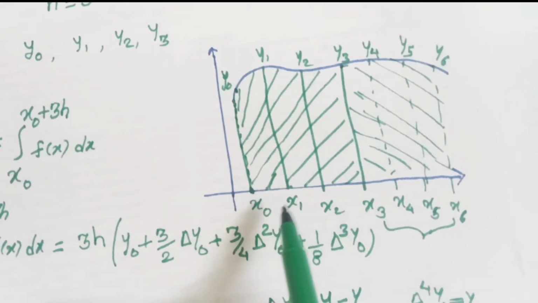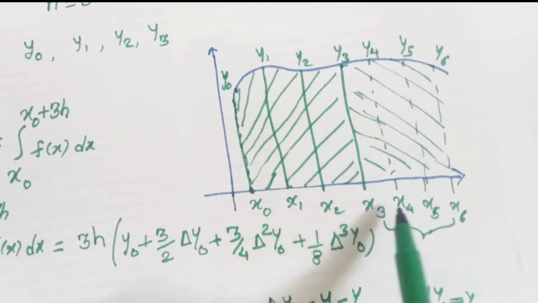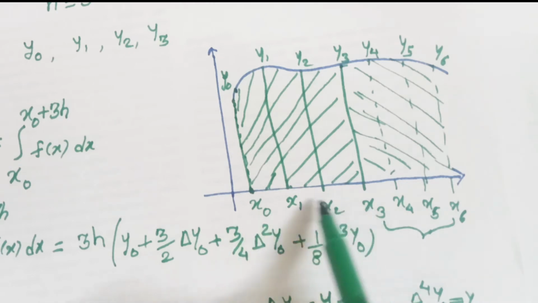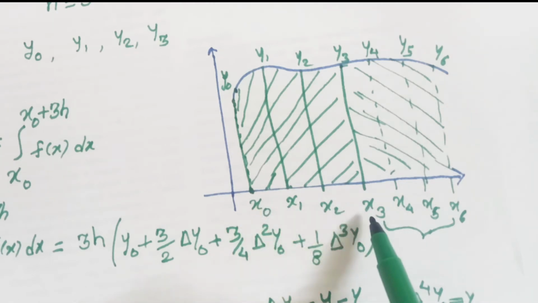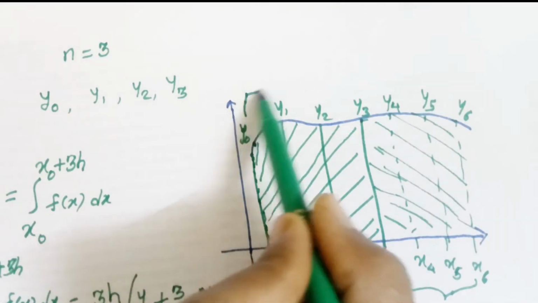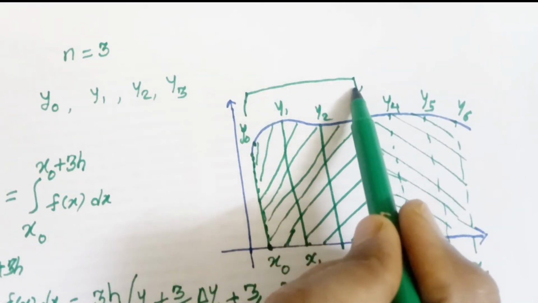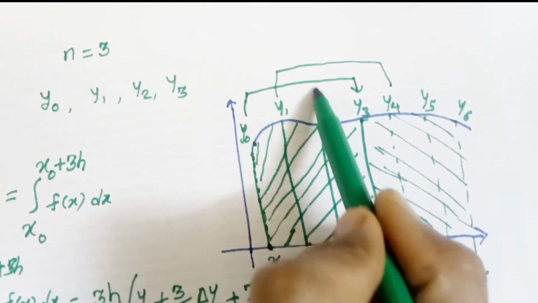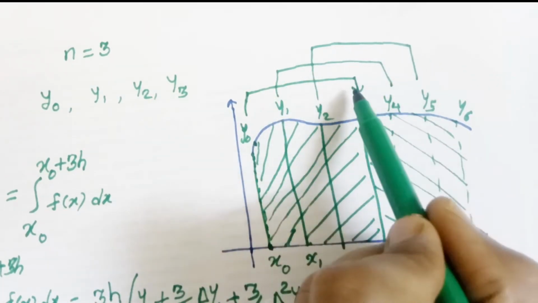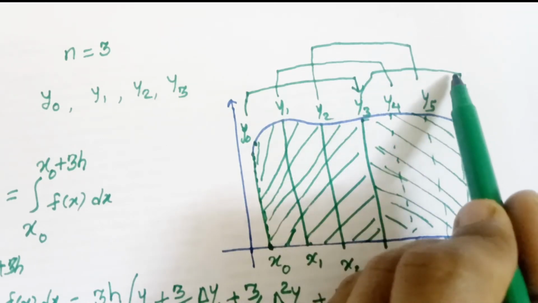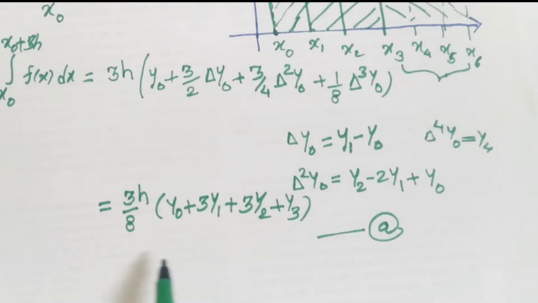So we just take the new notation x3, x4, x5 and x6 instead of x0, x1, x2 and x3. That means we replace y0 by y3, y1 by y4, y2 by y5 and y3 by y6 in our equation number A.